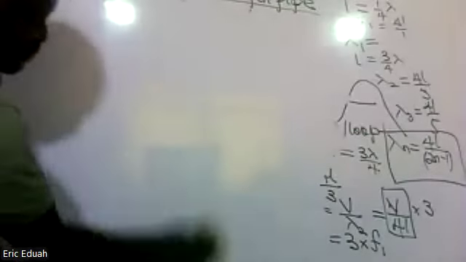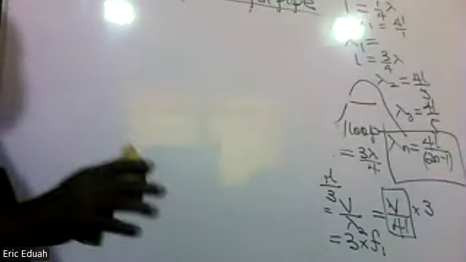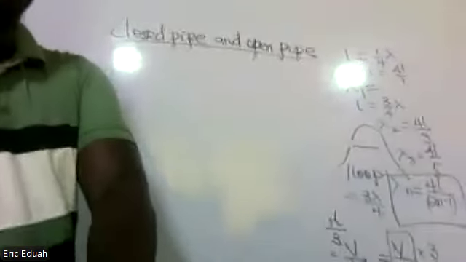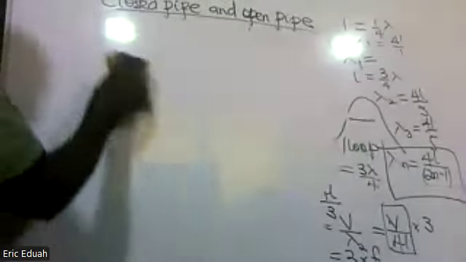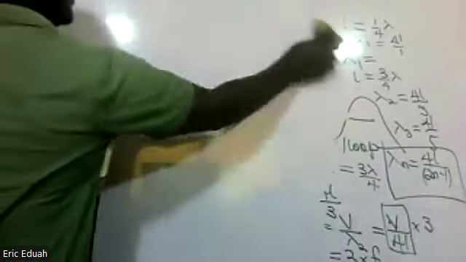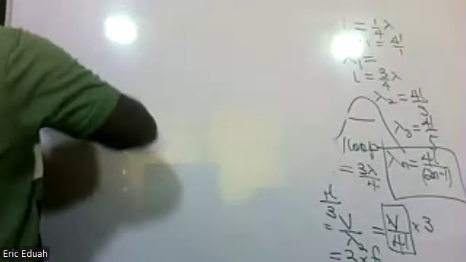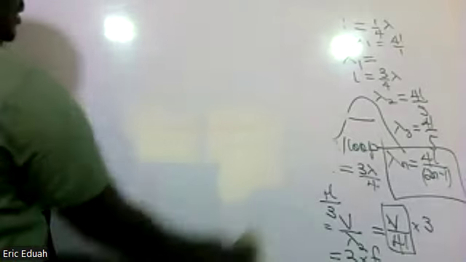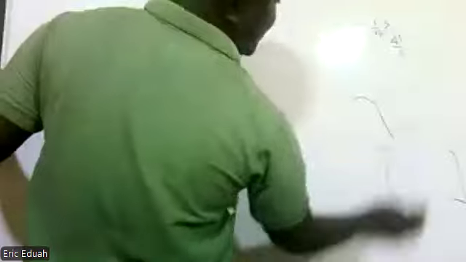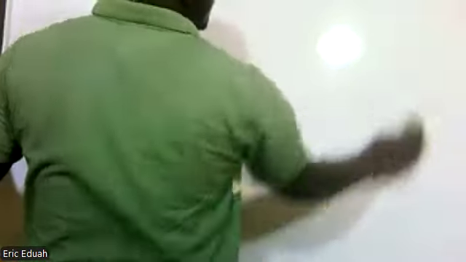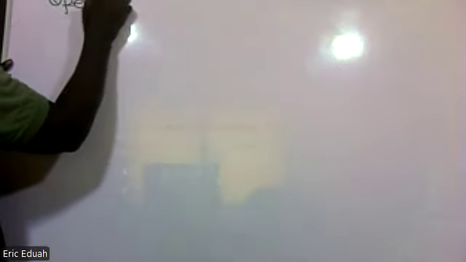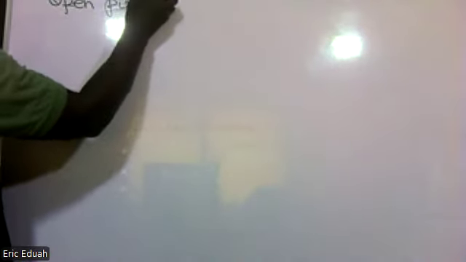For open pipe, here we are talking about instruments such as, what's the name of this instrument? Nana, give me examples of instruments that fall under this category. Open pipes or tubes.